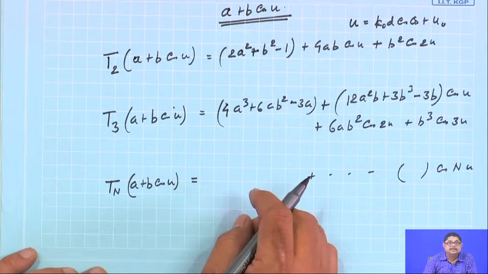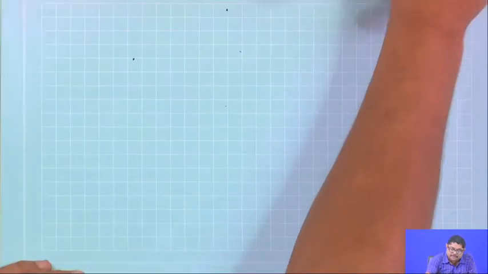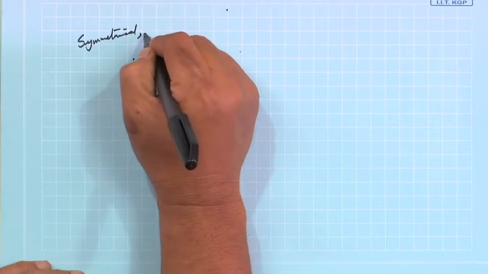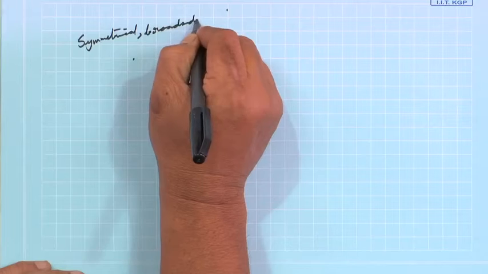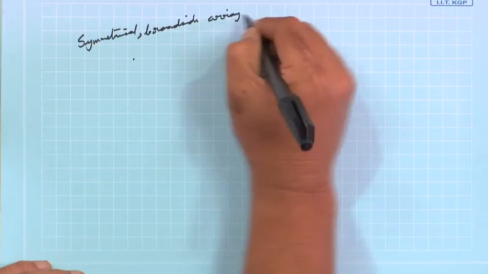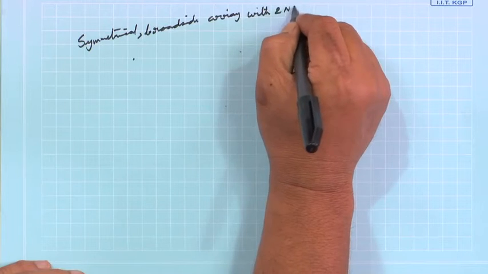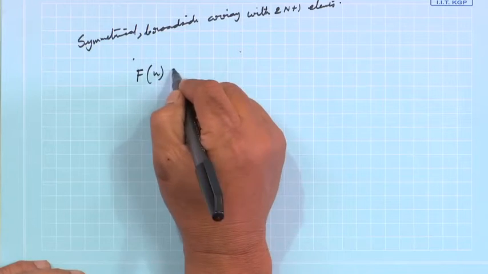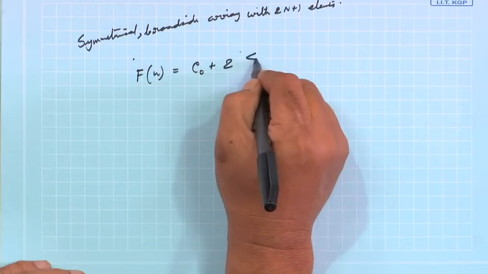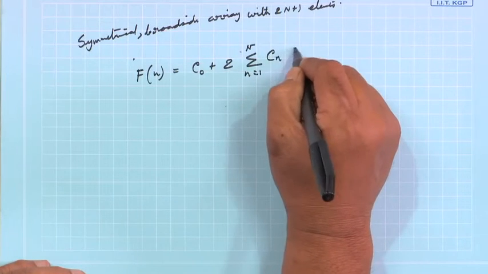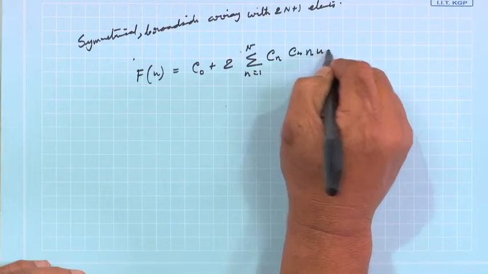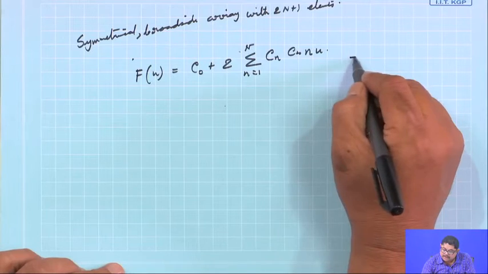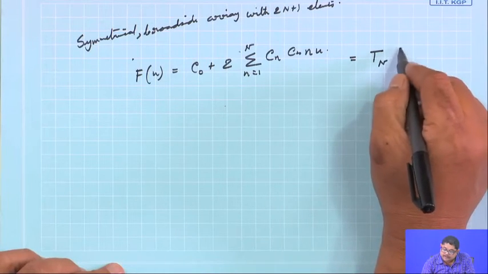For a symmetrical broadside array with 2n plus 1 elements, we have already shown that the array factor can be written as a Fourier series, and we have written this. This can be equated to the Chebyshev polynomial of degree n.